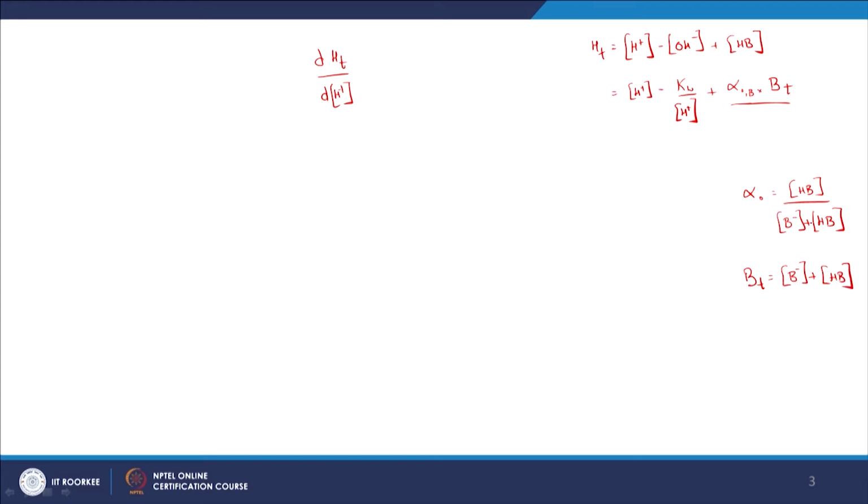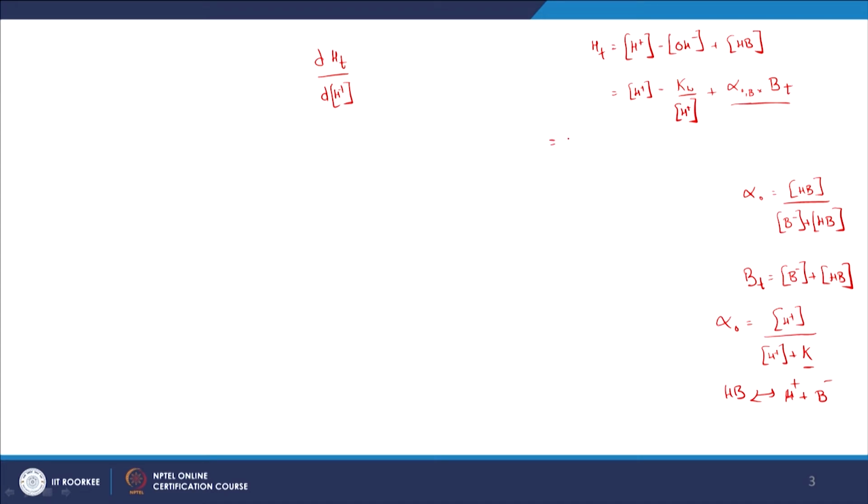Obviously we also know that alpha naught can be expressed as H plus by H plus plus K, K being the acid dissociation constant for HB. HB dissociates to H plus and B minus, and the relevant acid dissociation constant is K. So let's plug this in here.